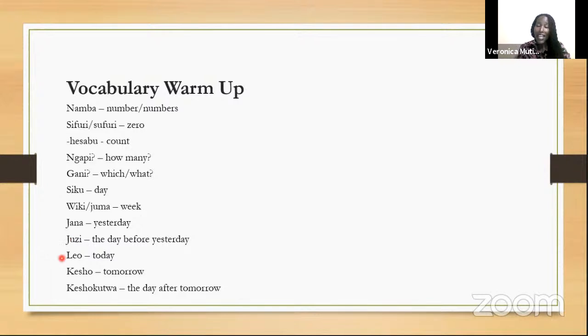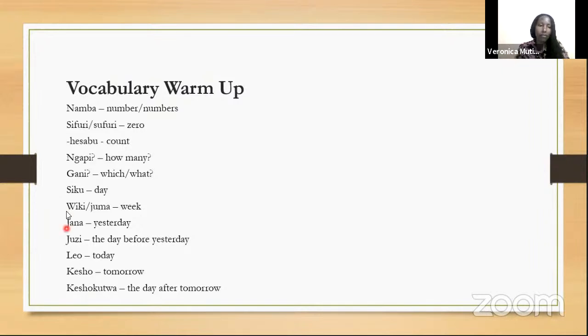And we have leo for today, this very day. Very simple. And then tomorrow in Swahili, we say kesho. And then the day after tomorrow, we say kesho kutwa. That's very simple, right?